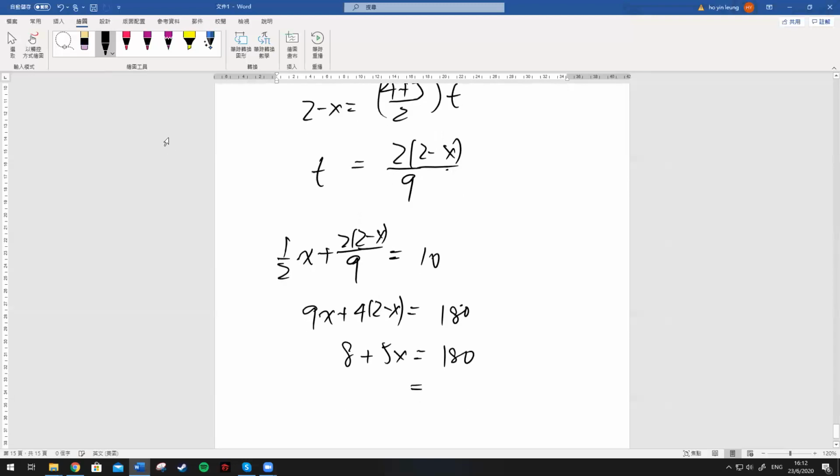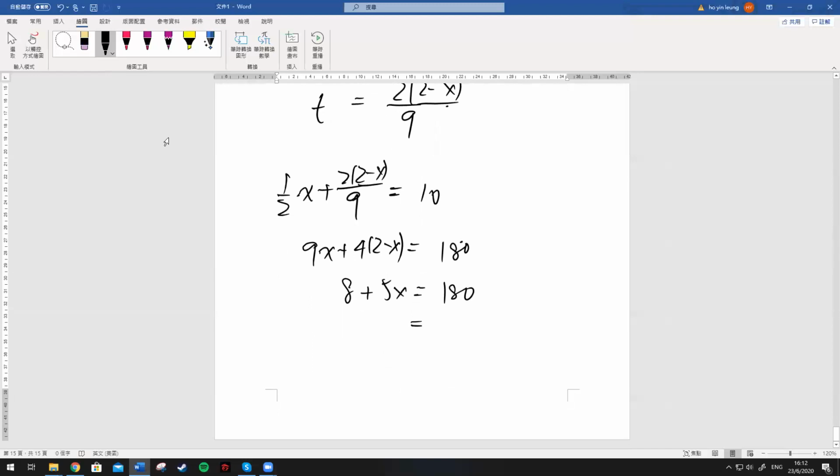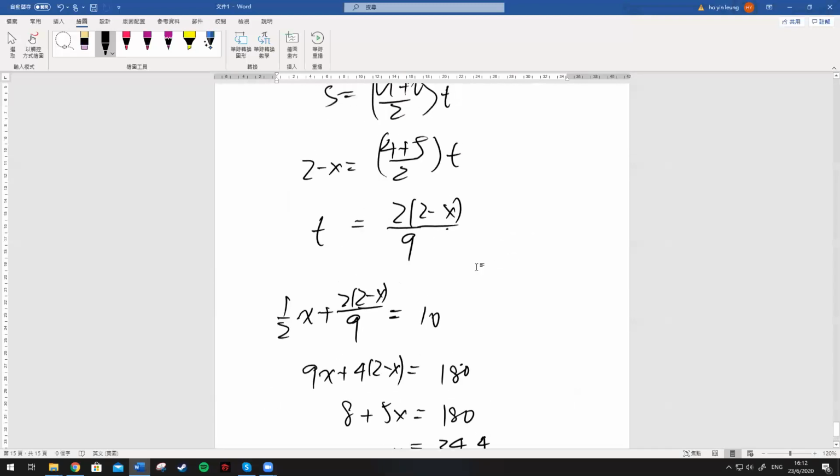So 180 minus 8, divided by 5, is 34.4. I think there's some problem with the question.